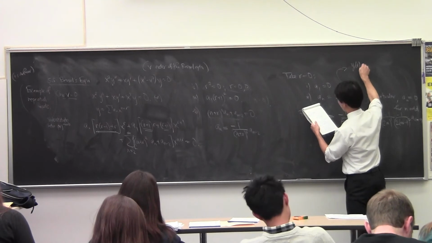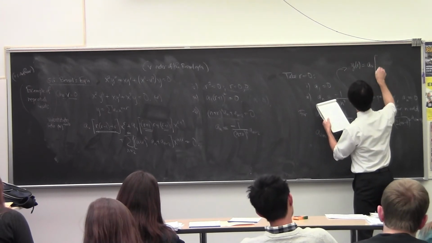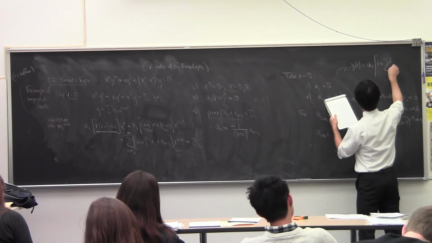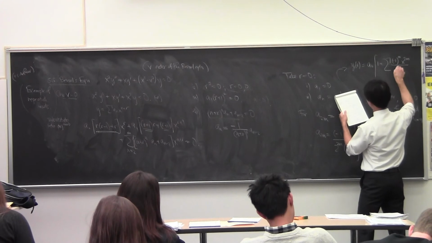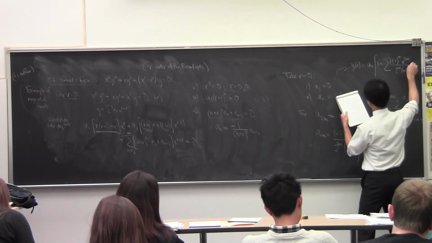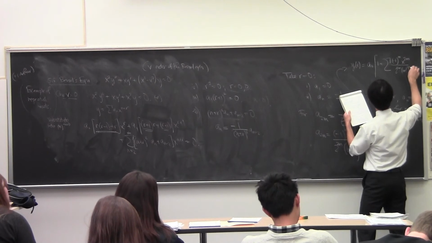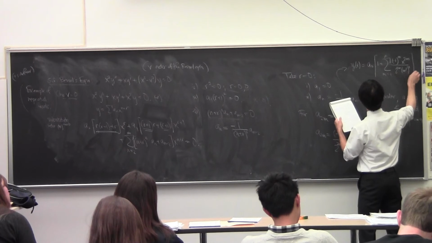y sub 1 is going to be a naught times 1 plus the summation of (-1) to the m, x to the 2m over 2 to the 2m, m factorial squared, from m equals 1 to infinity.